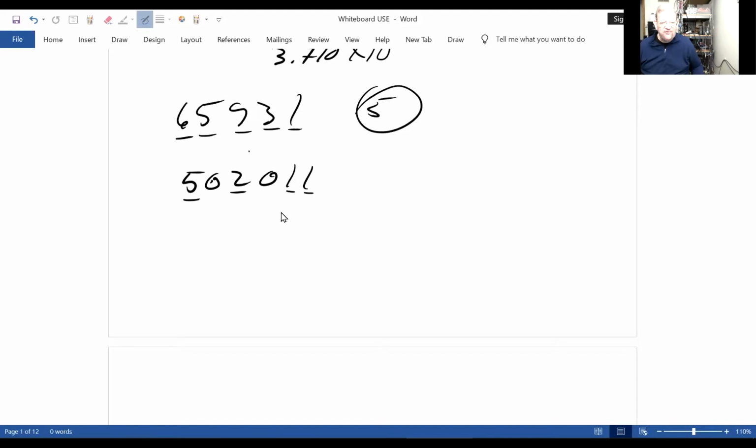Oh, look, we have 2 zeros. Now we have 1, 2, 3, 4 non-zero. We have 2 zeros, and notice this one is confined between 2 non-zero numbers, so that's significant. So is this one. So we have 1, 2, 3, 4, 5, 6. This would have 6 significant figures.